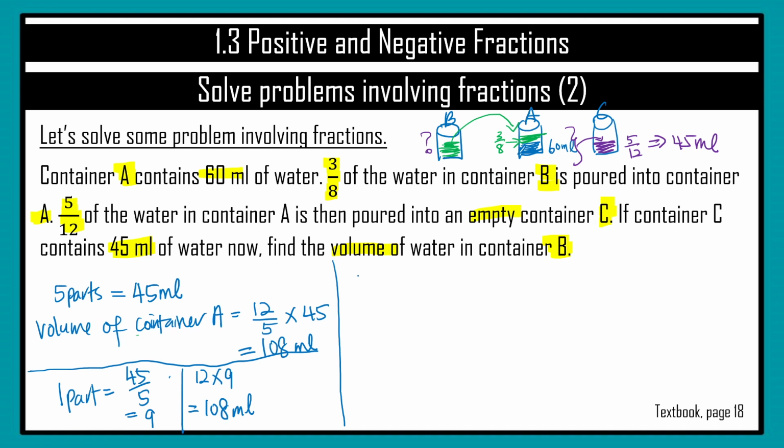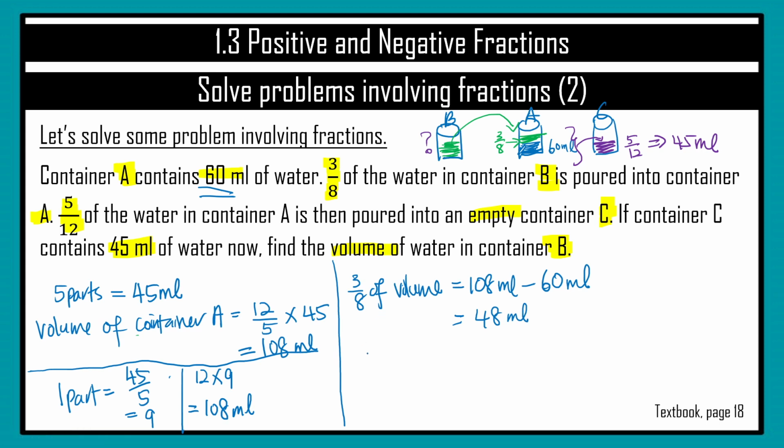So I want to find how much of that is 3/8, what is 3/8 of the volume poured into container A from container B. So 108 ml, which was the total, minus the initial 60 ml. So now we got 48 ml.